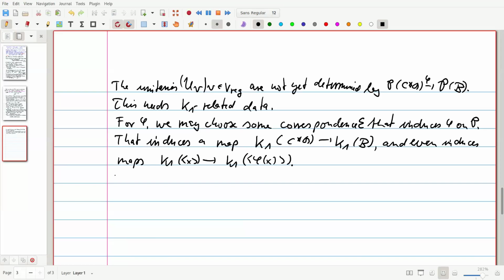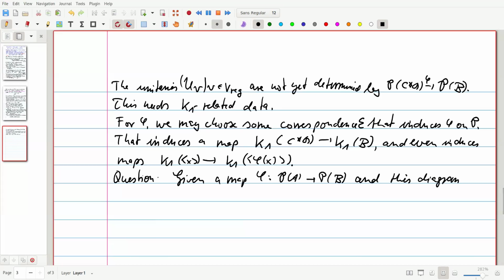So the question that Rasmus Bentner and I ask is: given a map phi from P of A to P of B, where A is now my graph C-star algebra, and such a diagram, by which I mean that I have maps between K1s of ideals, specific ideals in A and B. Such a diagram of K1 maps.